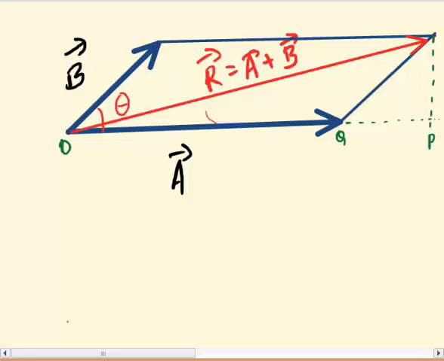Then you can clearly use geometry here and say that if this angle is theta, the angle between A and B is theta, then because this is parallel to this line, this angle will also be theta.